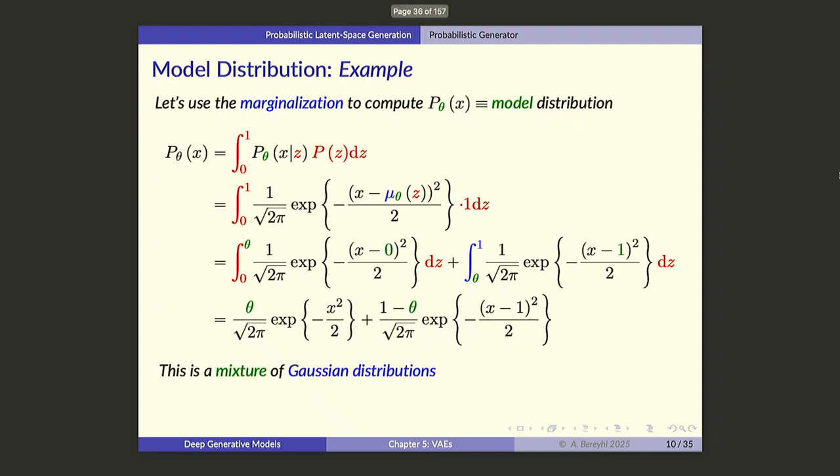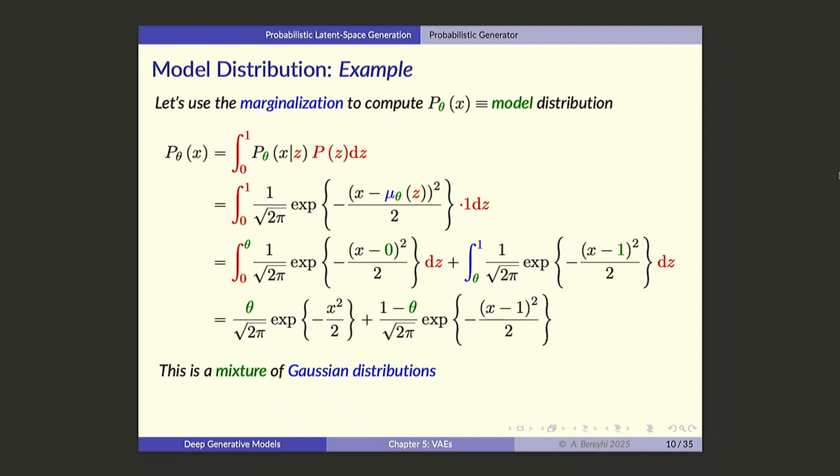This is what we call a mixture of Gaussian distributions. Mixtures of Gaussians are actually a very powerful thing, because intuitively, if you mix lots of Gaussians together, you're pretty much capable of making any weird distribution. So this is a very strong, very rich set of distributions.